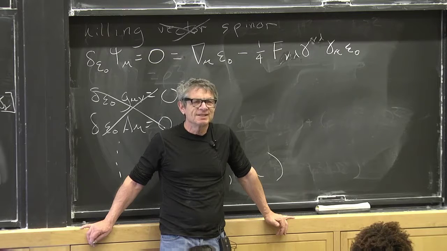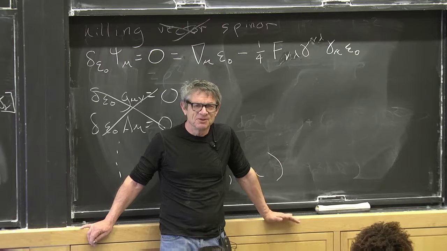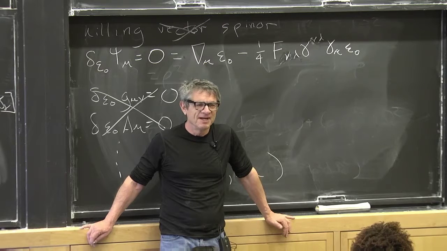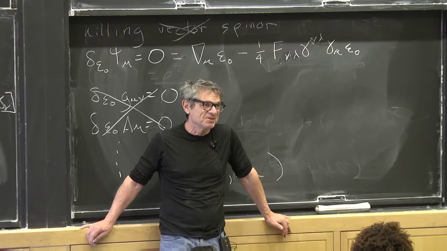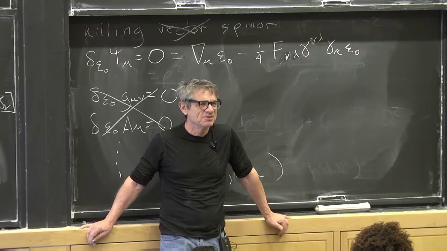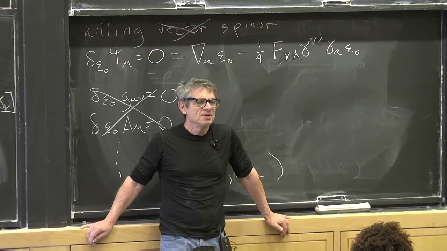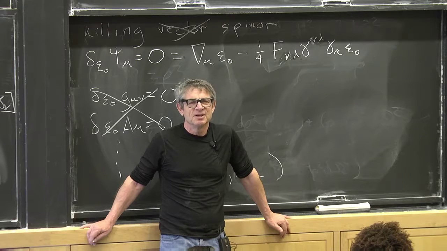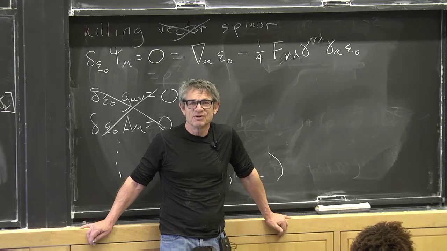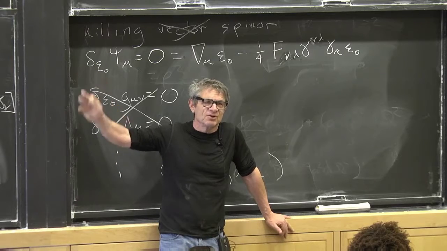Usually you want to have the same number of unknowns as equations, and we have 4 times as many equations as unknowns. So this equation will have solutions only under very special situations. Also true of the Killing vector equation, right?